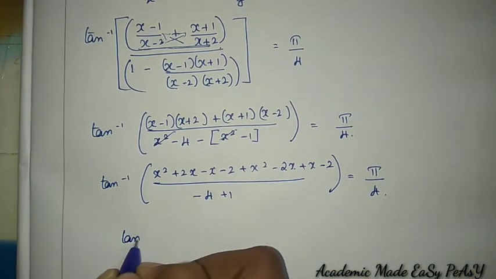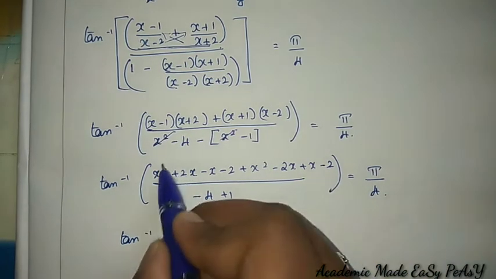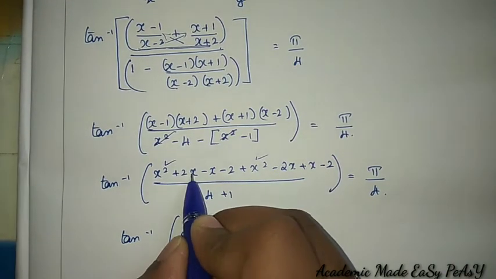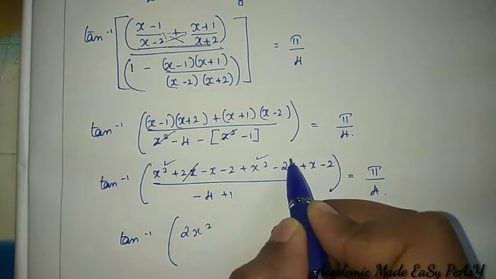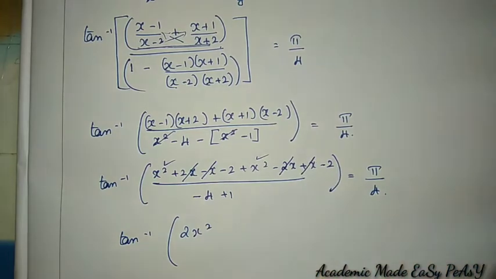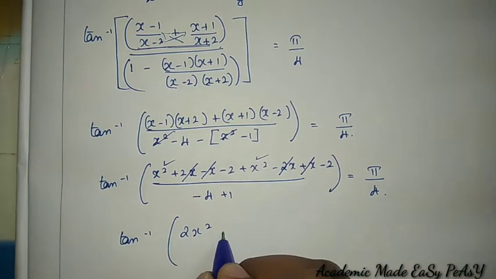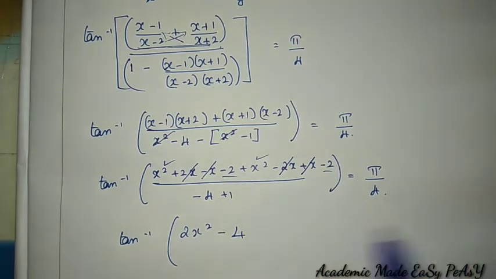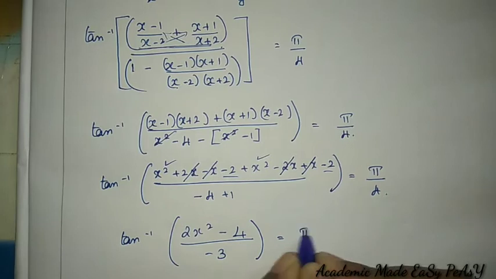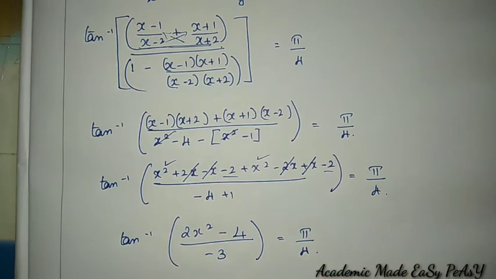So tan inverse, here I have 2x square, and 2x and minus 2x cancel, x and plus x cancel, and minus 4, minus 2 and minus 2, so I will have minus 3, is equal to pi by 4.